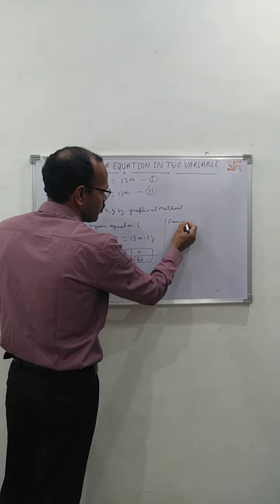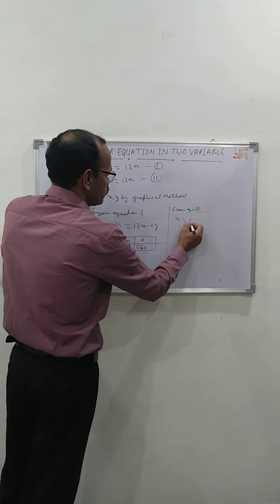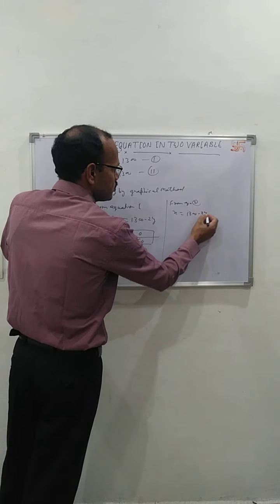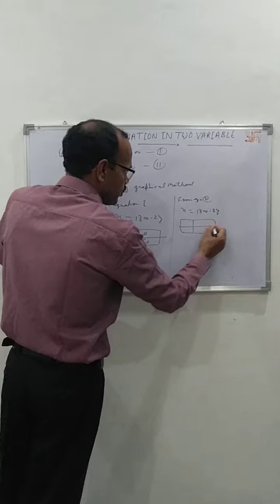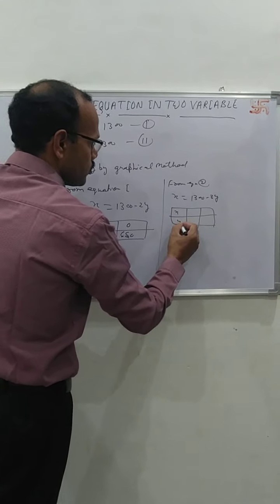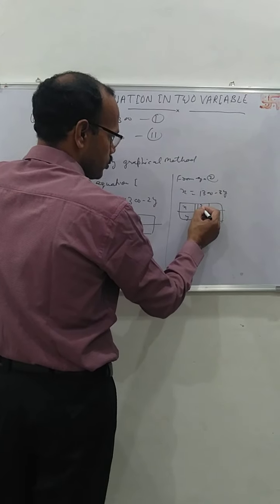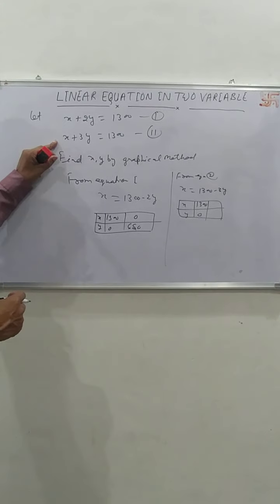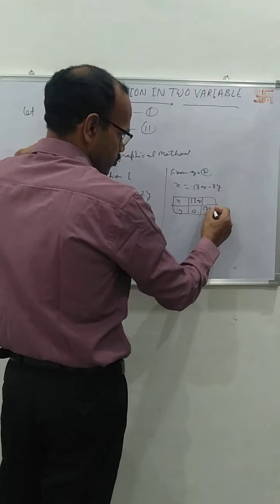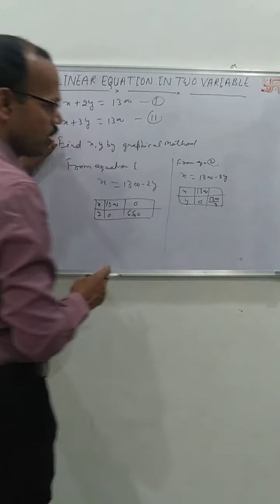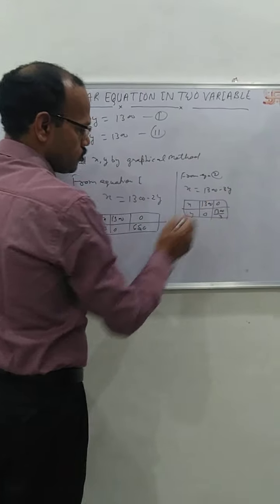From equation 2, x is equal to 1300 minus 3y. So on solving it we can also find the values of x and y. Suppose y is equal to 0. In that case, x is equal to 1300. Suppose y is equal to 1300 divided by 3. Then on putting it in the equation we get x is equal to 0.